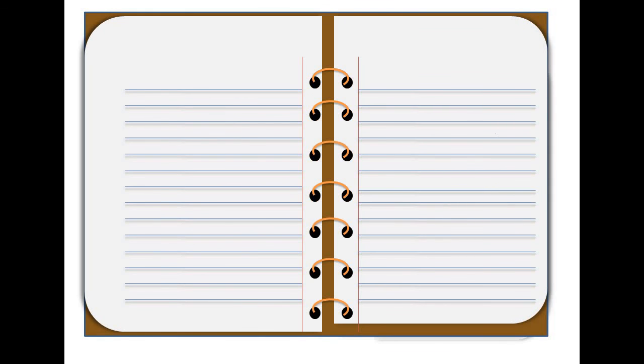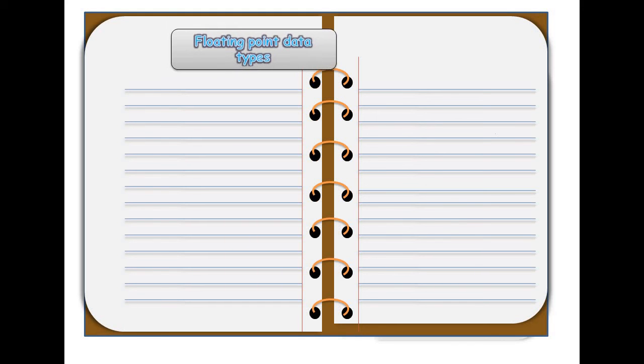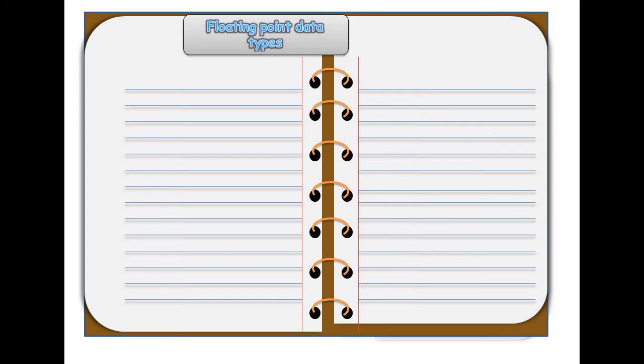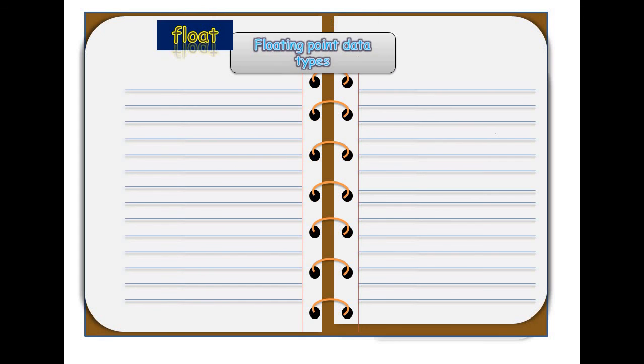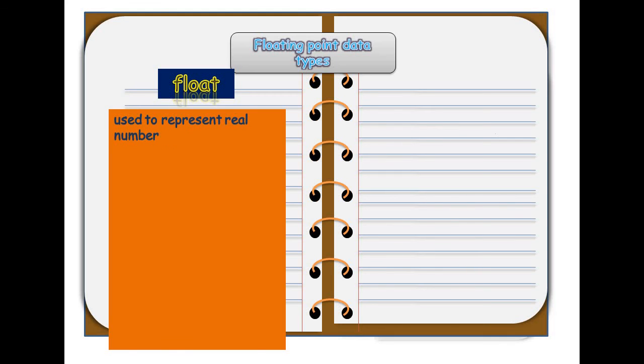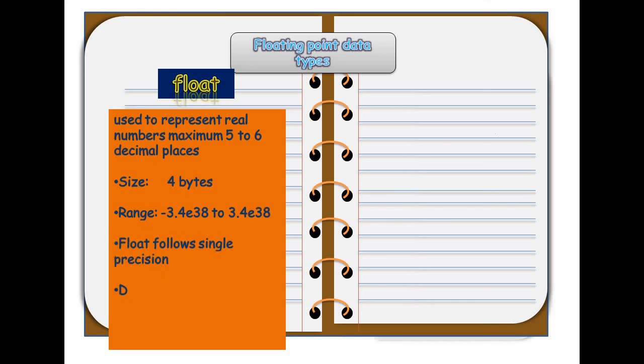So up to here, the integral data types are over. The next one is floating data types. Floating point data types are used to represent real numbers. There are two types of data types in floating point. One is float, used to represent real numbers with a maximum of 5 to 6 decimal places.